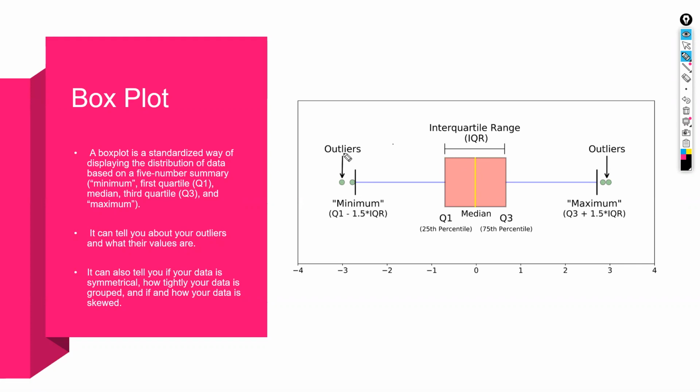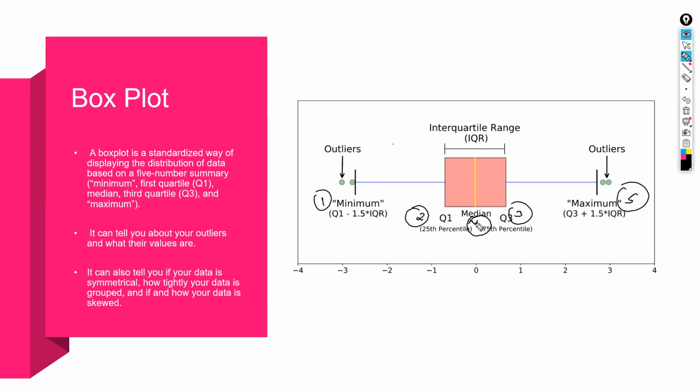This box plot is a standardized way of displaying the distribution of data, and there is a principle to it called the 5 number summary. The first one is the minimum, then we have the first quartile, then the median, then the third quartile, then the maximum.